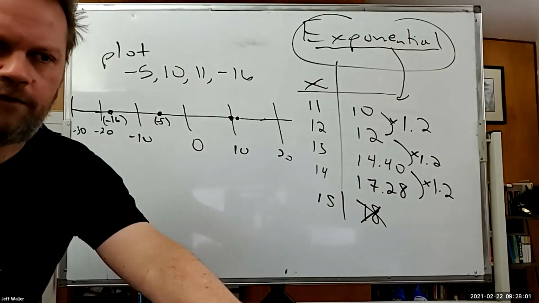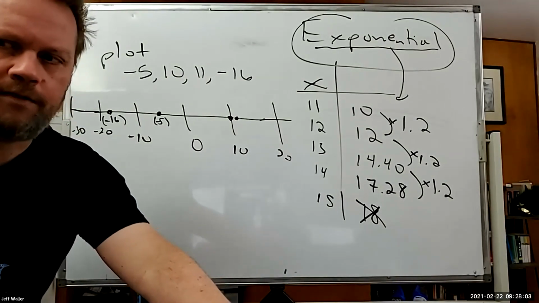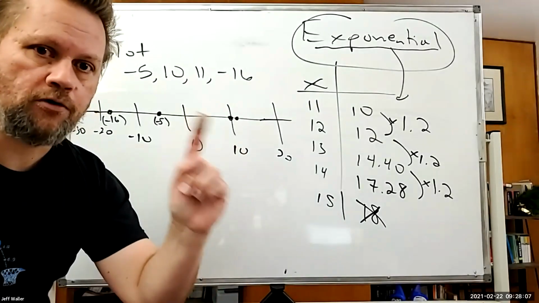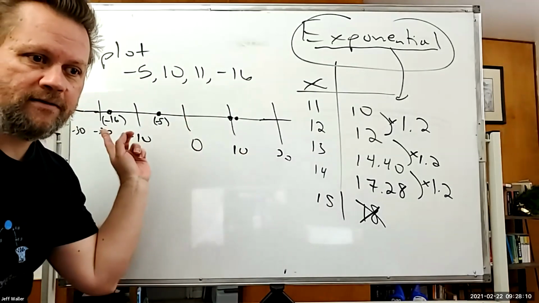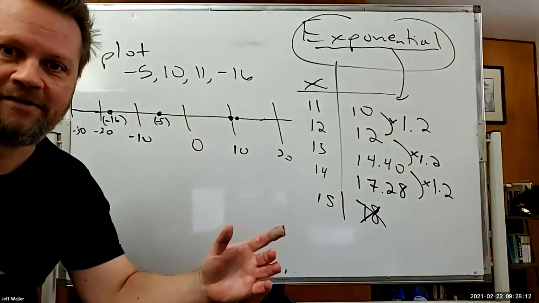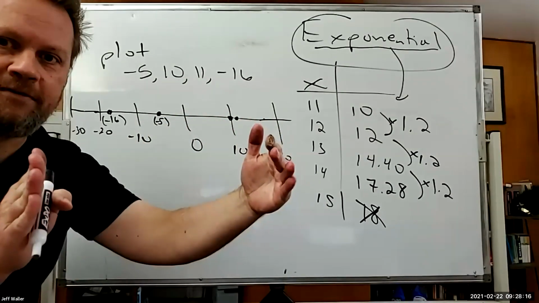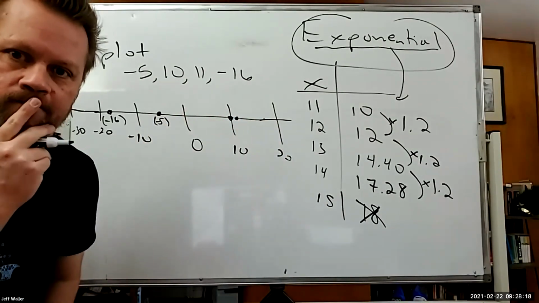Okay, I love it. So if you want a quick way to make your math teacher or your science teacher cry, it's to pick a scale that makes no sense. The scale has to be consistent, or else you're lying to somebody.